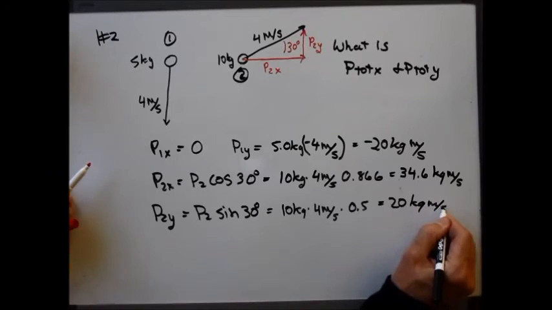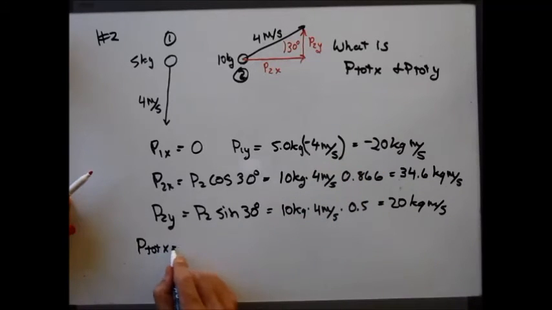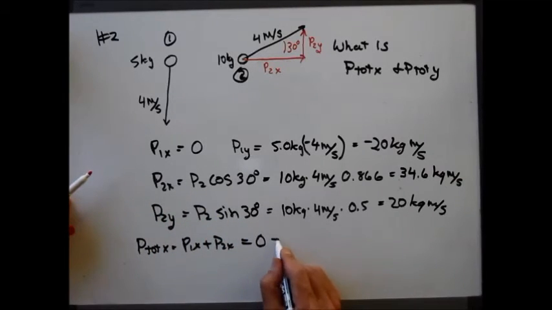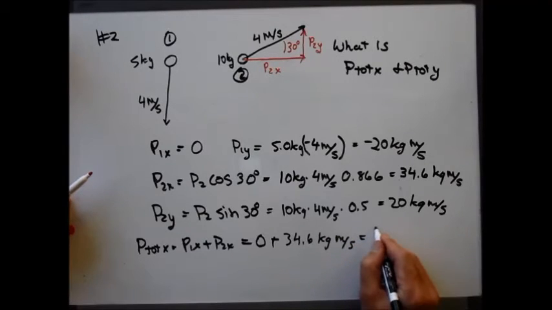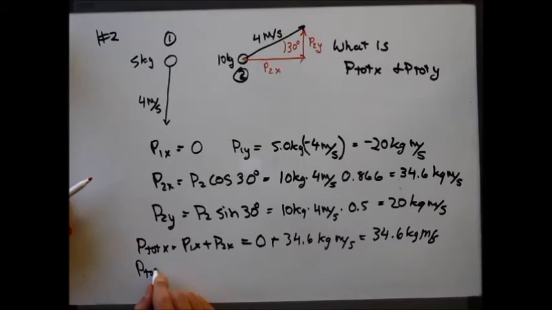kilogram meters per second. So we can see that P tot x, the total momentum, is equal to P1x plus P2x, but P1x is just 0, so 0 plus P2x, 34.6 kilogram meters per second. Similarly, P tot y is equal to P1y plus P2y.